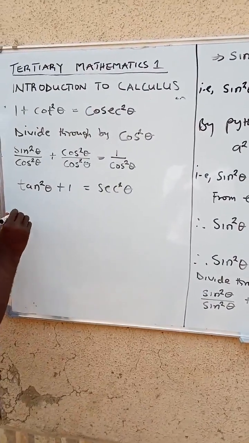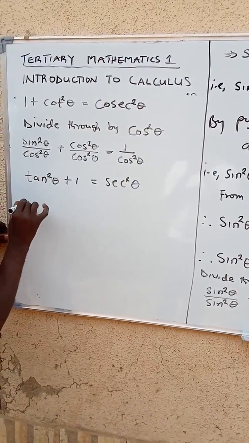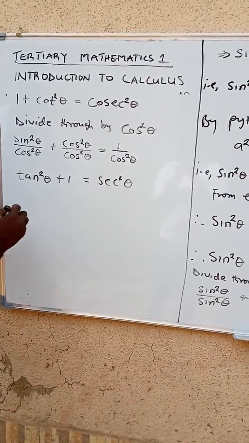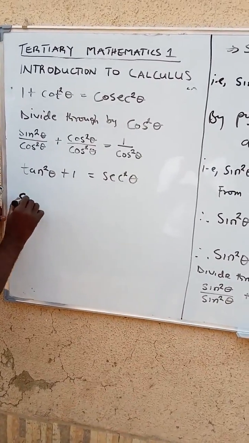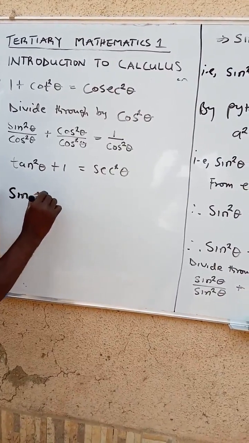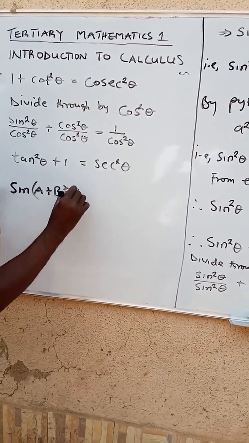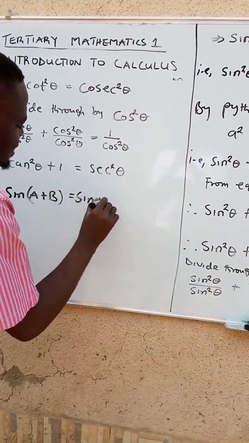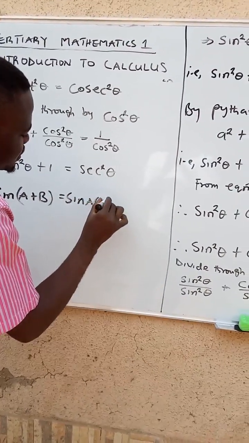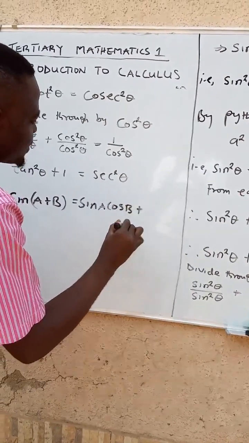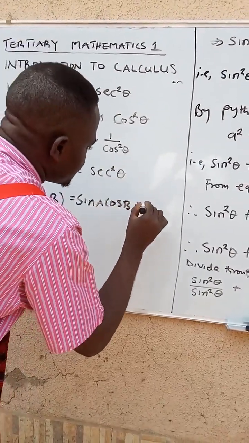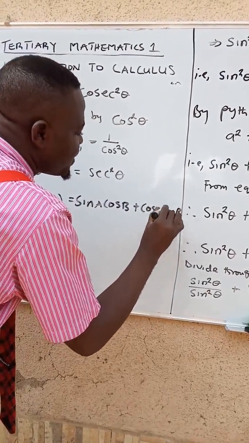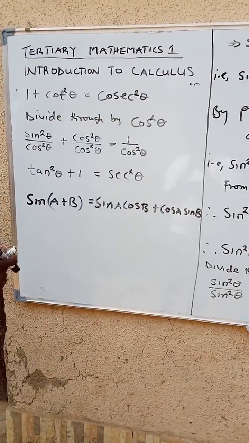Now, we all know from our previous secondary school that sin(A plus B) is equal to sin A cos B plus cos A sin B. You understand?